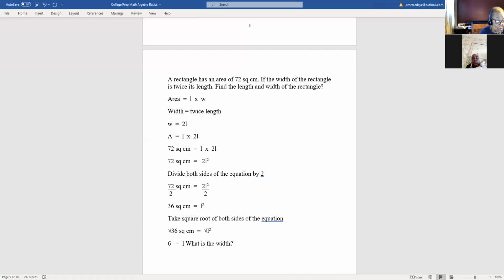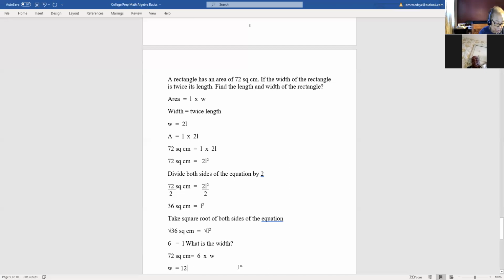So 72 square centimeters equals 6 times W, the width. The only number that multiplies by 6 to give you 72 is 12. So W is equal to 12.